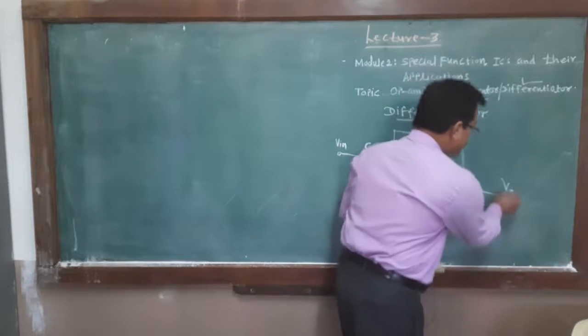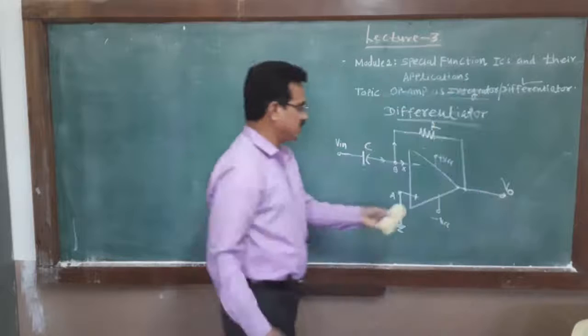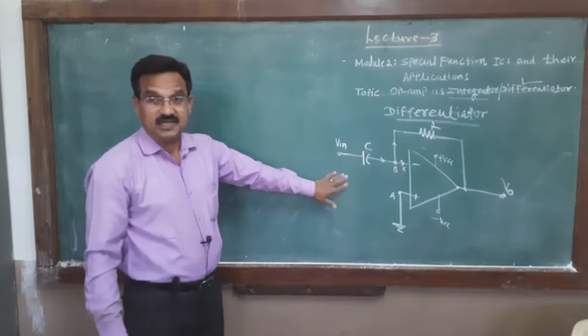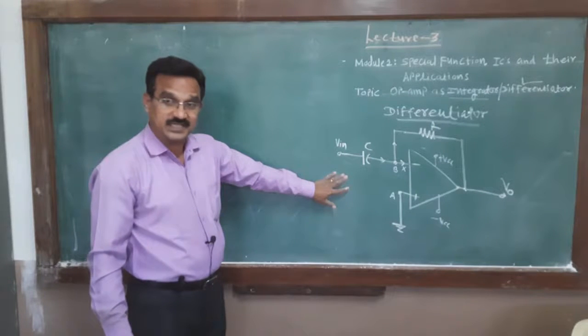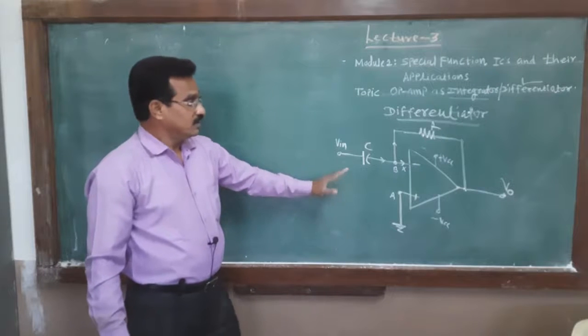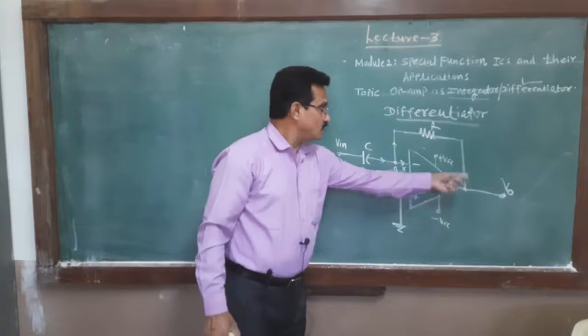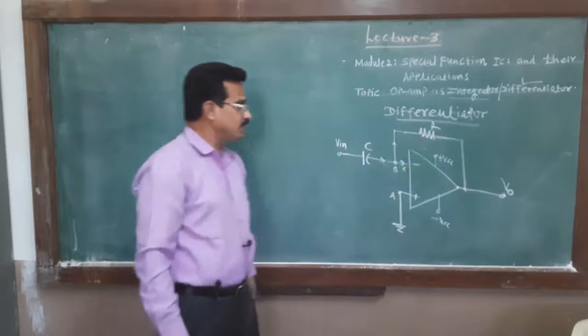Then what is actually the output equation for this purpose? Again it is connected in inverting mode, with feedback from output to inverting input given with the help of the resistor.